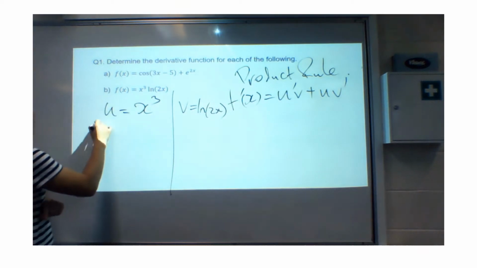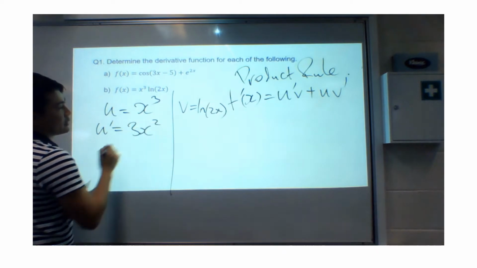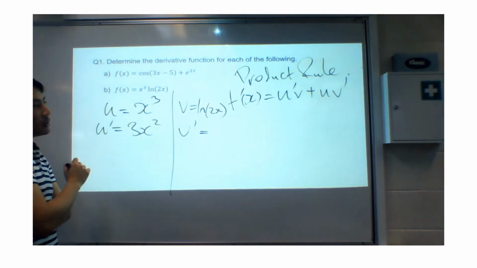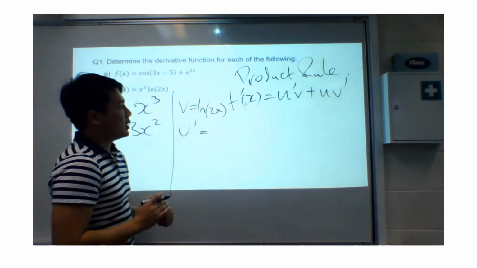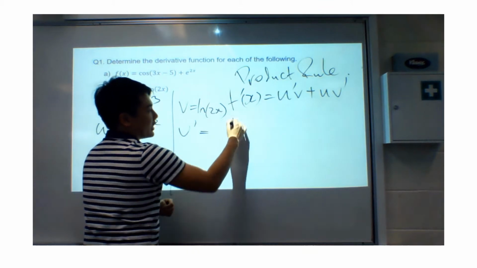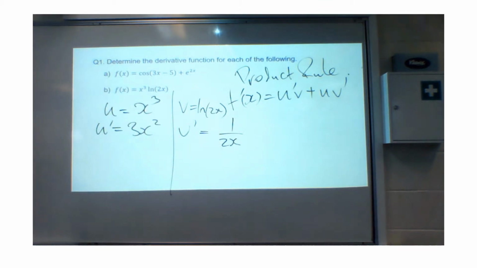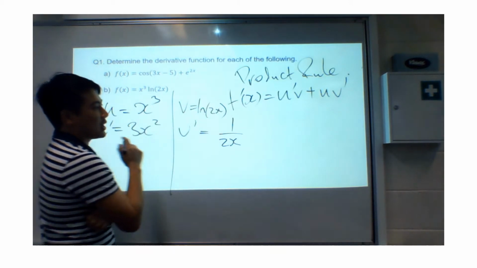So you're going to use u dash equals 3x squared, and v dash would equal, well, ln would become 1 over whatever is inside, but we need to apply the chain rule, which means we need to times it by the derivative of what's inside, which is 2.